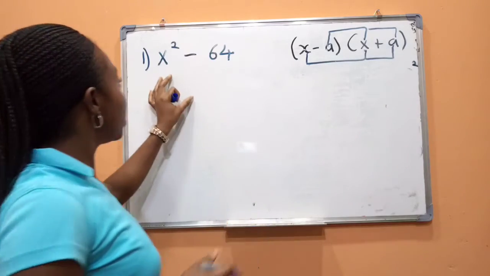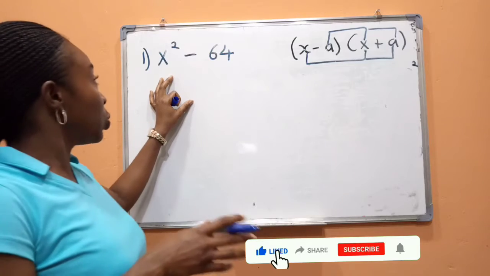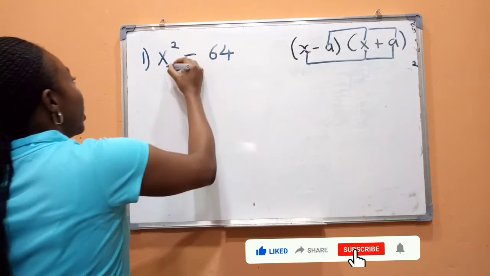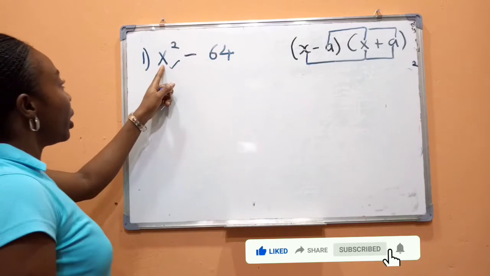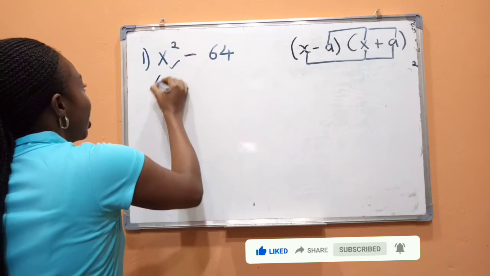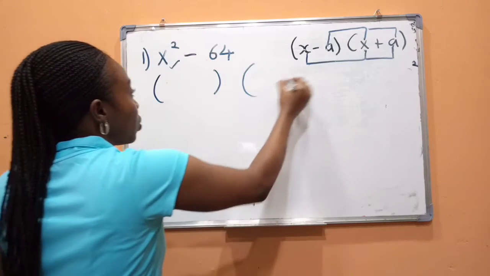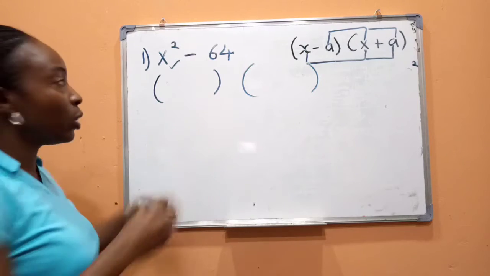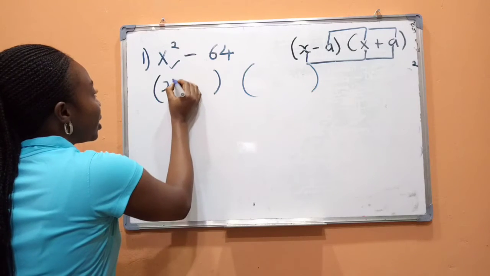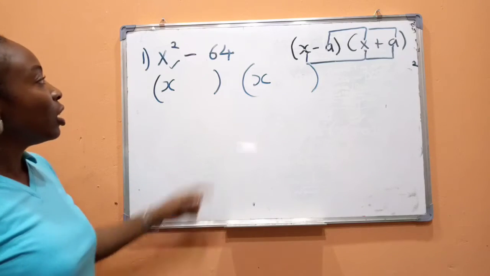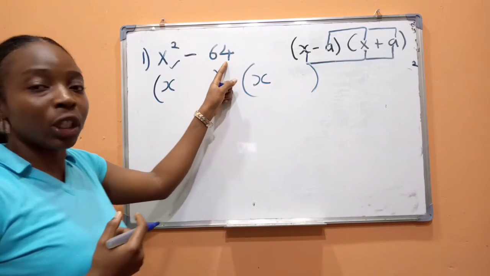Alternatively, this is a very simple way to go about it, and this is how I go about it. Simply find the square root of x squared, and find the square root of 64. The square root of x squared gives you x, so you put the x in the first bracket and in the second bracket. Then the square root of 64 gives you 8.